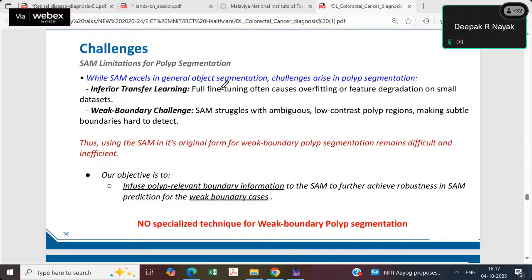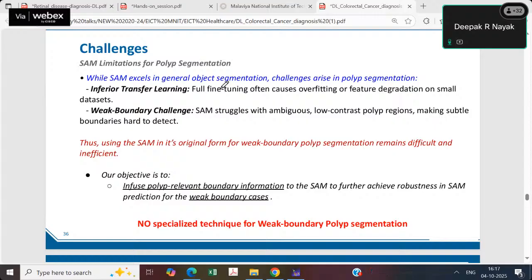But one thing we observed is that although SAM was performing well on the unseen dataset, there are a few cases where the polyp boundaries are weak, where the boundaries are indistinct, and the SAM model could not detect or properly segment those polyps. So we thought of introducing something called a Mamba guided boundary prior module. I will discuss in detail what exactly that is.